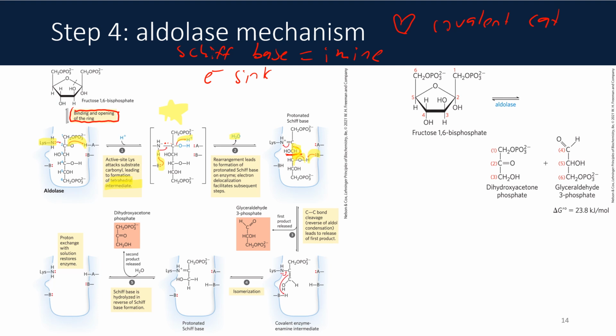Once we do that, remember how the Schiff base is acting like an electron sink? It's facilitating that motion. And it will, in turn, relieve some of that pressure by moving the pi system here between N and C, that double bond, and move it back onto that nitrogen, that positive nitrogen. This is a very confusing step, so I like to break it down into two forces.